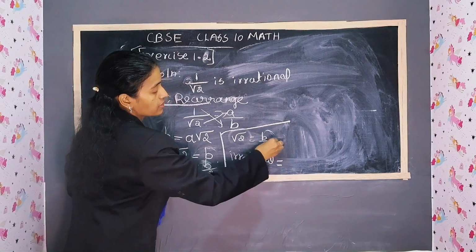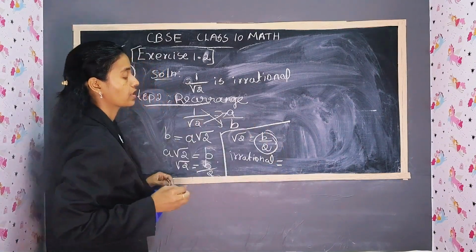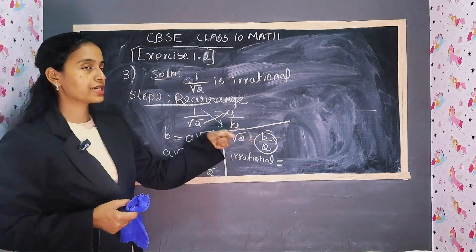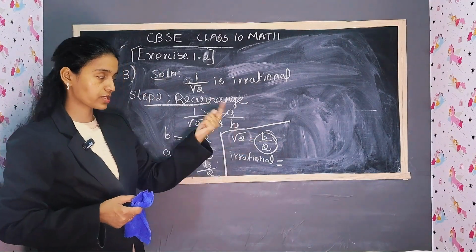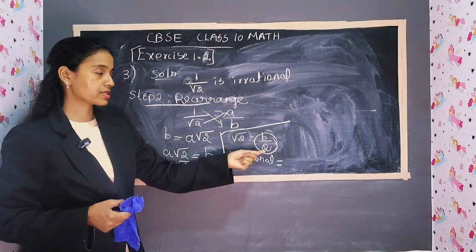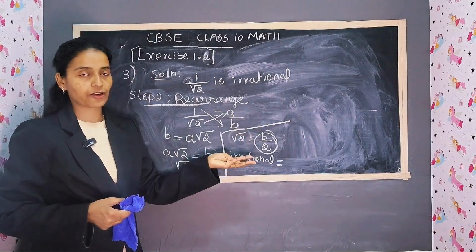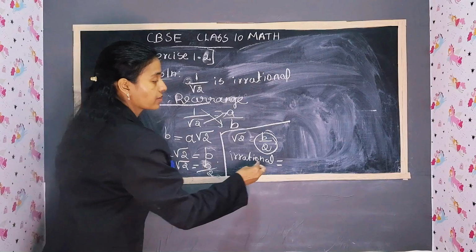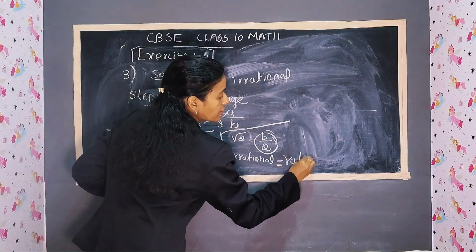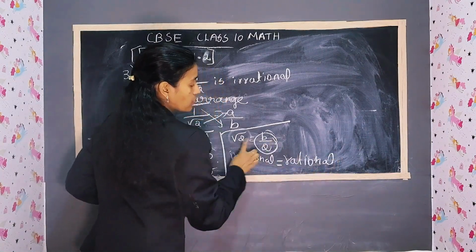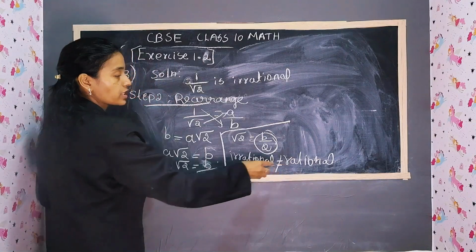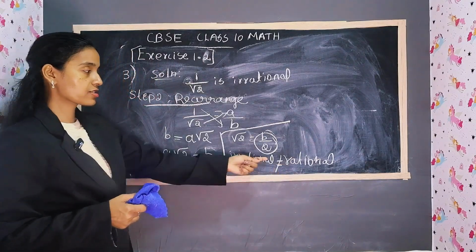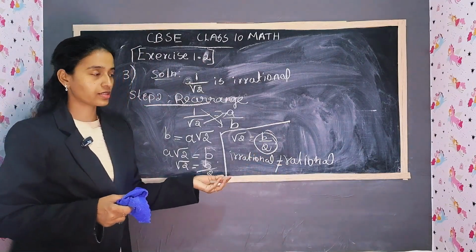And b by a, where b could be any integer and a is an integer, is a type of fraction. So we can say this is a rational number. These two are different; this irrational is not equal to rational, right?